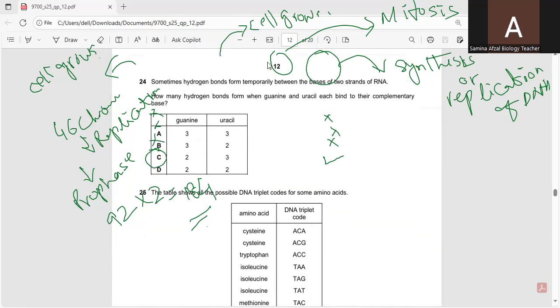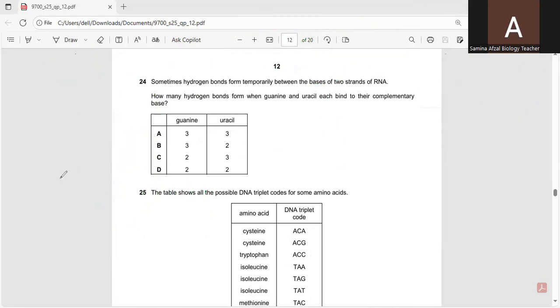Next question. Question 24: sometimes hydrogen bonds form temporarily between the bases of two strands of RNA. How many hydrogen bonds form when guanine and uracil each bind to their complementary bases? Students, there are four complementary bases: adenine, guanine, cytosine, and thymine.